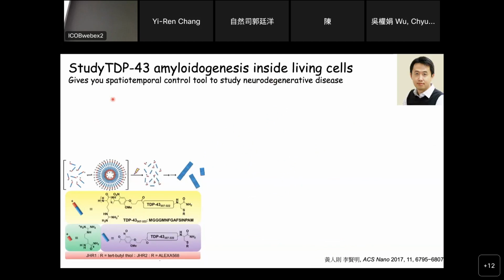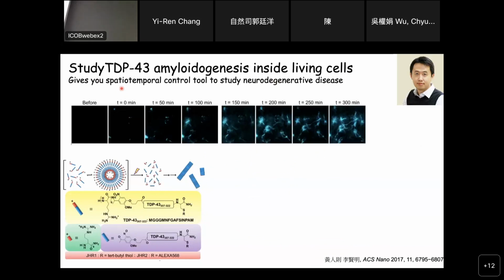All right, so Joseph, he's a neuron chemist trying to solve a problem. He wants to use TDP-43 to study the amyloidogenesis, and he wants to observe that inside a living cell. But the problem he encountered is that he doesn't have a tool to start all the protein aggregation from time zero. So I told him that we can try this.